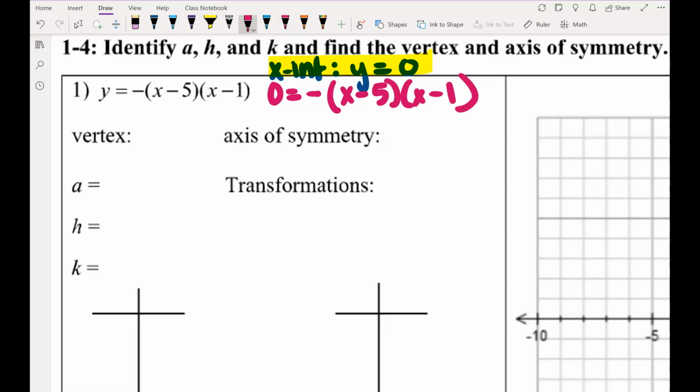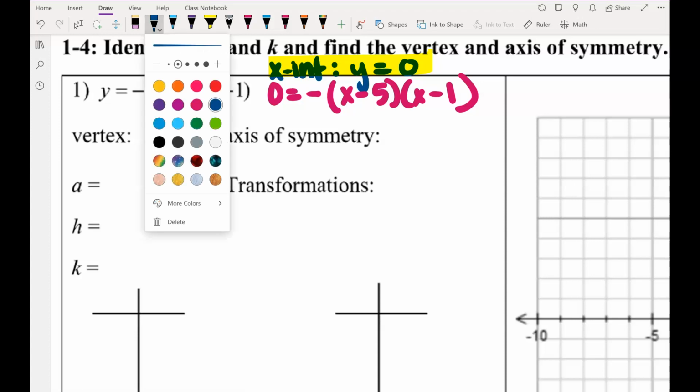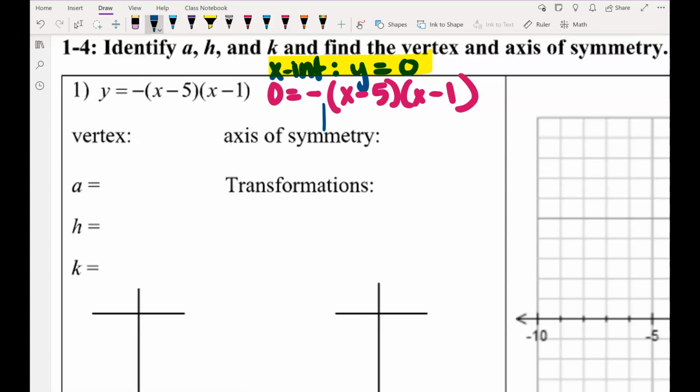Then we take each factor and set it equal to 0. The negative 1 in the front, is that ever going to equal 0? No, so we ignore it.